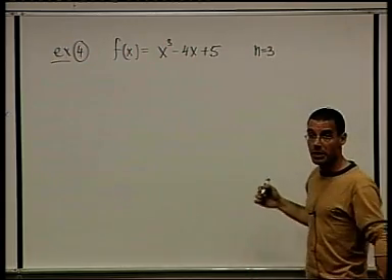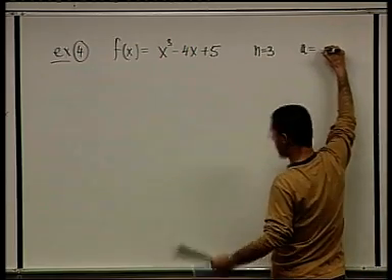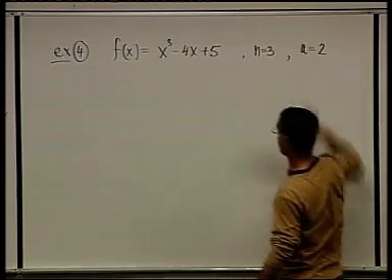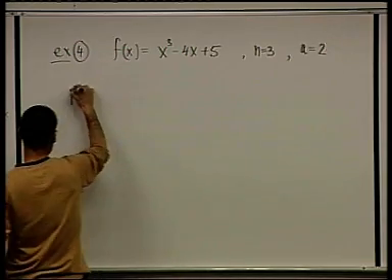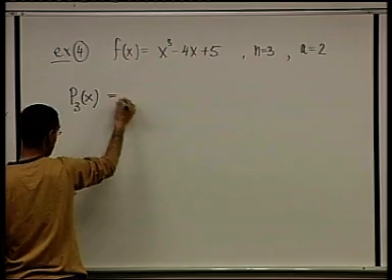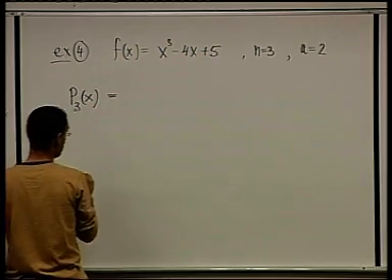That's what I mean when I write n equals 3. Near the point a equals 2. Okay? So what is P3 of x for this function near a equals 2?